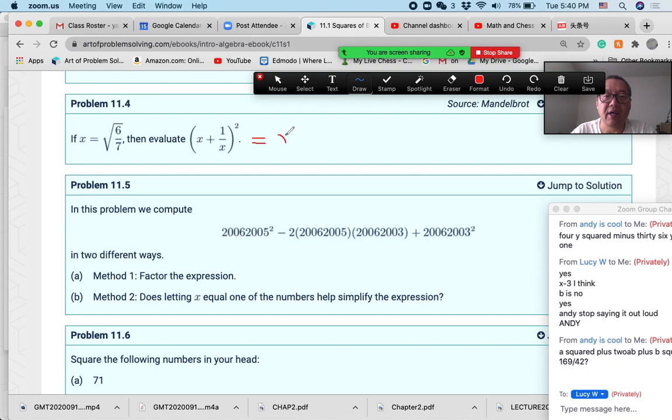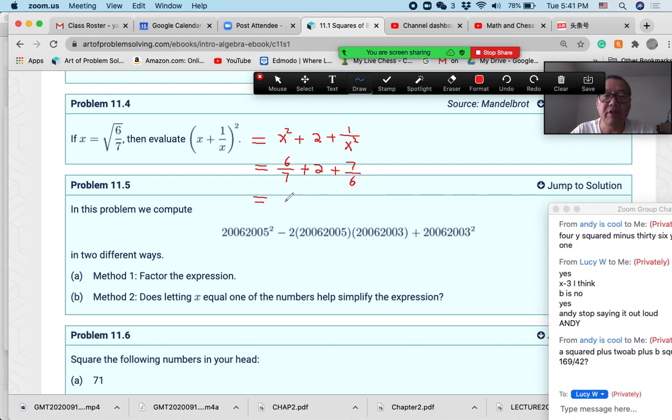You can get x squared plus 2, then plus 1 over x squared. So then we can plug in x, so this one will equal 6 over 7 plus 2, then plus 7 over 6.